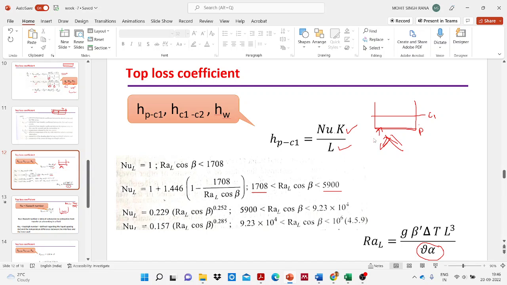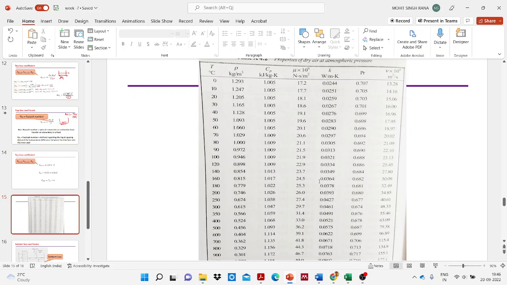Based on that, you have to take an average temperature. Now you are having three terms: HP, HC1 and HC2.